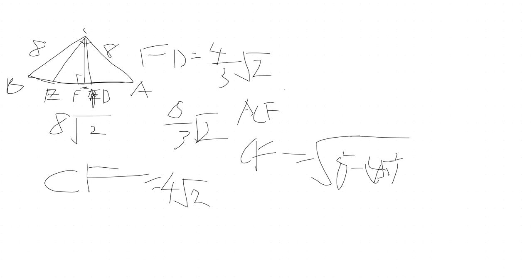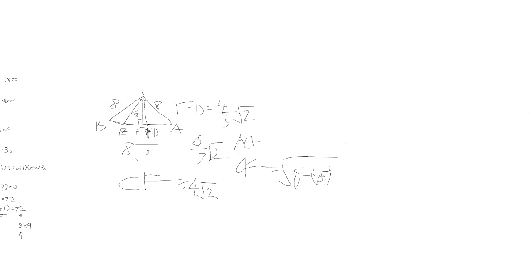And since we know FD, then we can know CD. And CD is equal to CE because it trisects the isosceles triangle.